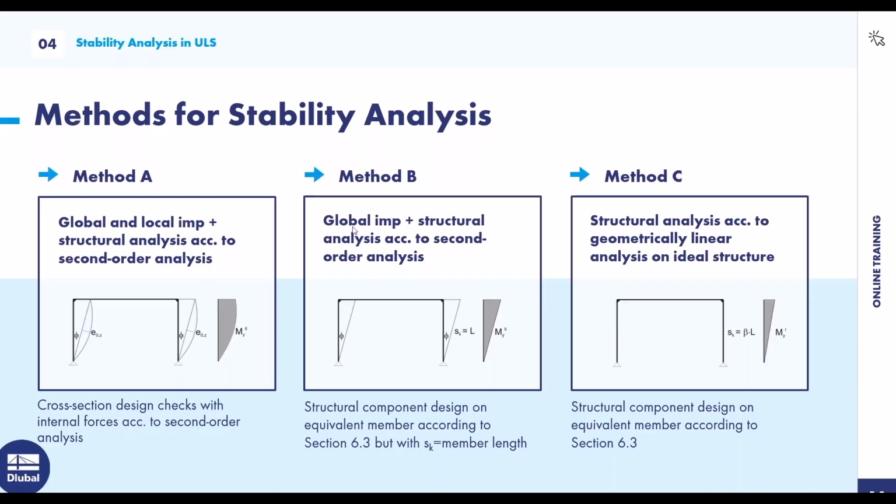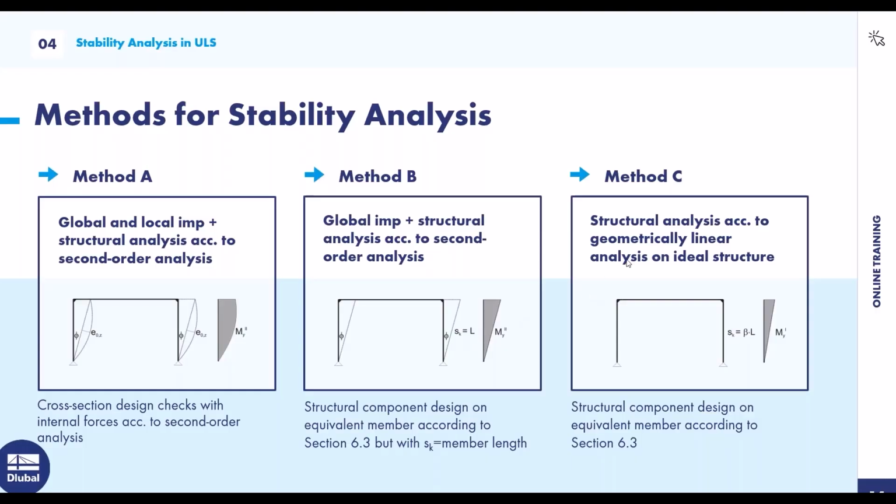Method B: global imperfection, which means only the initial sway imperfection. And then the structure analysis according to second order analysis. And what's quite important, you have to consider the buckling length by the member length, not with a factor. Sk is equal to the length.